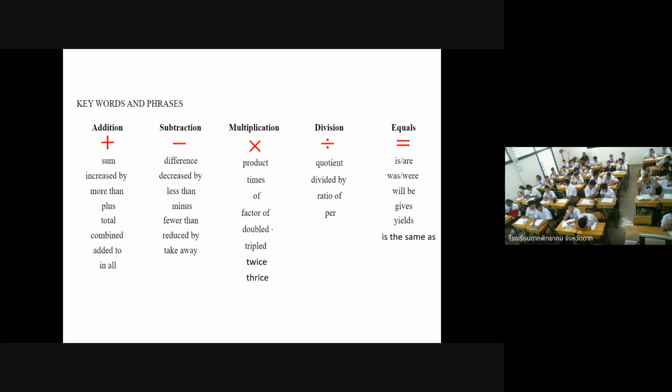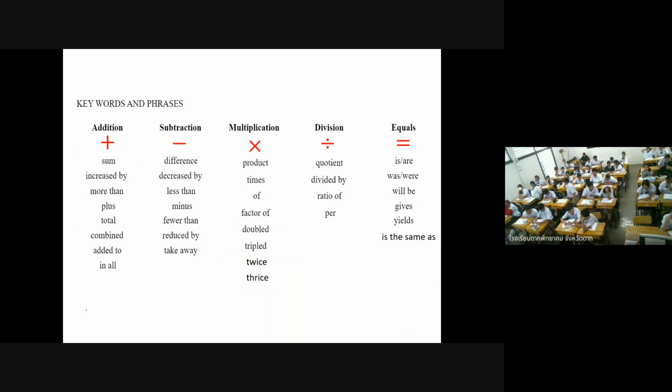Twice and double, what do they mean? Times 2. Do you understand? Now, triple and thrice, the same, times 3. You understand? Good.